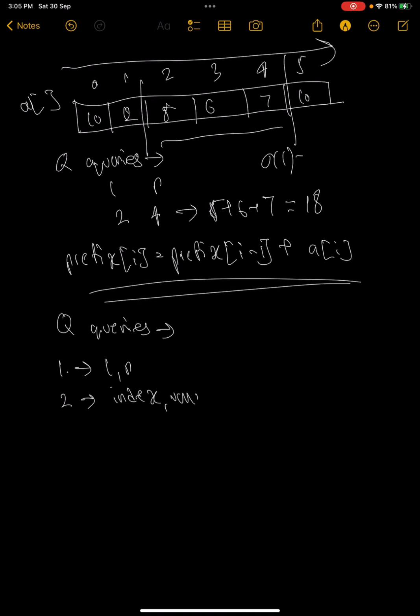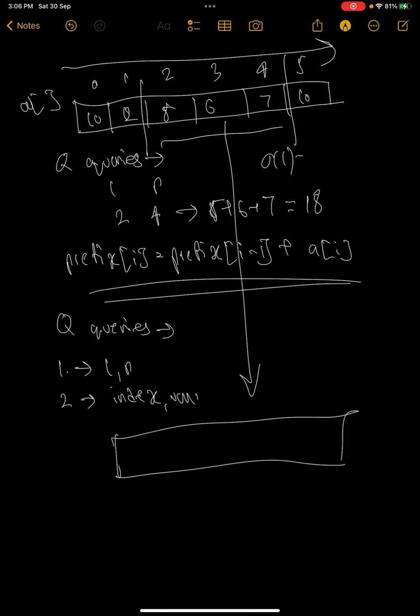Now the problem starts. Whenever we are updating an index, we have to compute our prefix again. Let's say we update 7 to 10, then the prefix values here get completely changed.